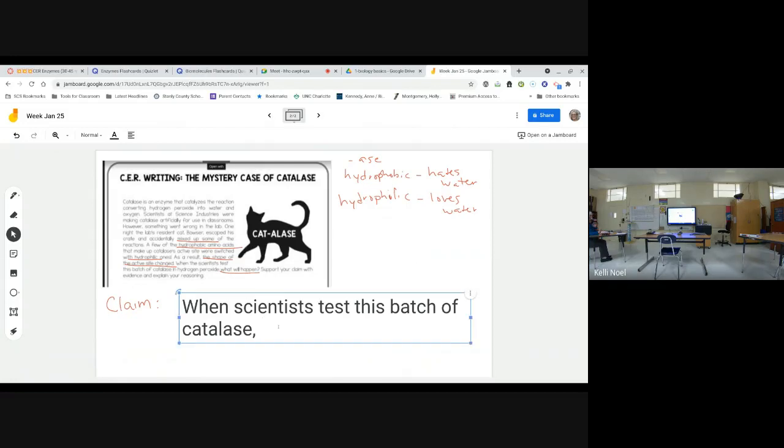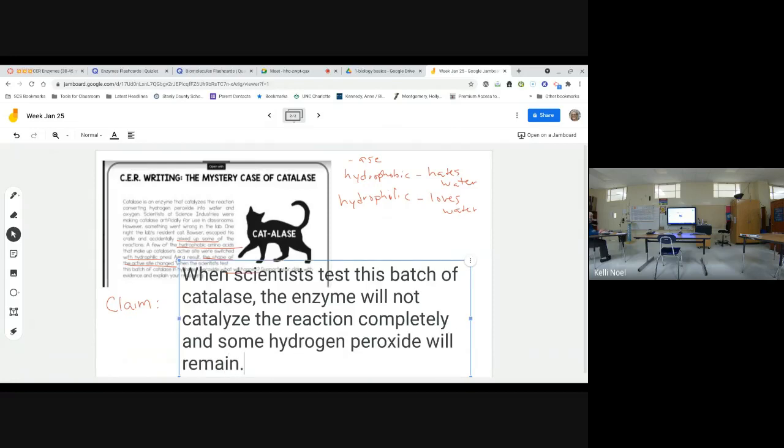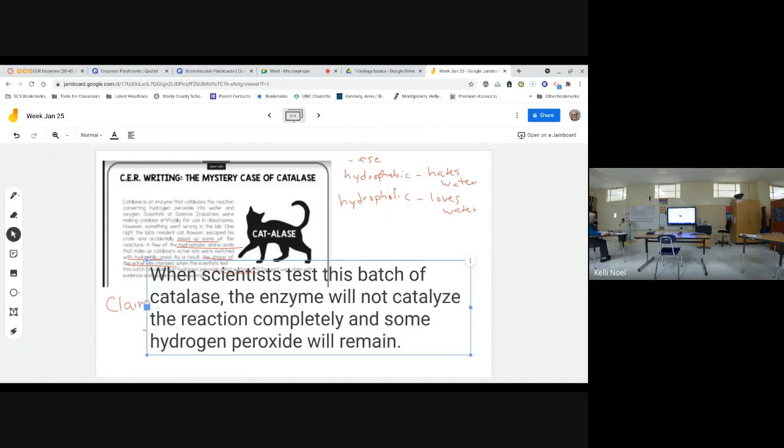But because some of them are not working, you're going to end up with some hydrogen peroxide left over. So you would say the enzyme will not catalyze the reaction completely, and some hydrogen peroxide will remain. So that is your claim. That is your first sentence.